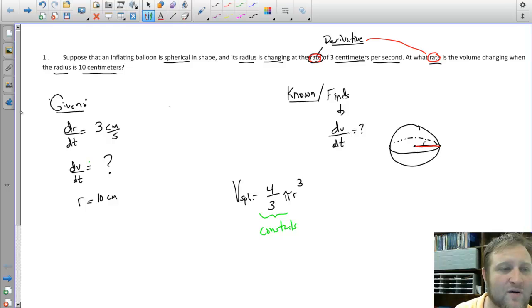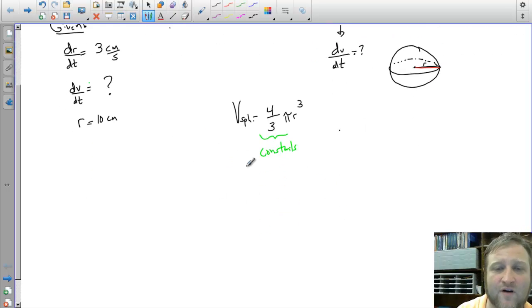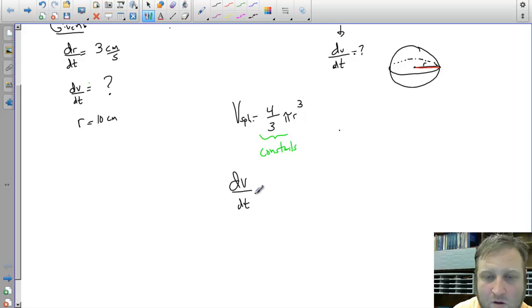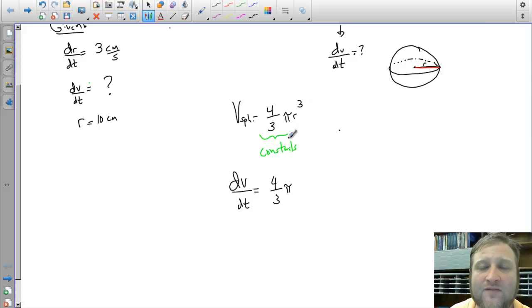So now let's go ahead and take our derivative. We're doing everything with respect to time, so we'll have the derivative of volume with respect to time. 4/3 pi, I'm just going to hold out as a constant. We are taking the derivative of this equation implicitly. This is a form of implicit differentiation. Now we have to take the derivative of r cubed with respect to time.